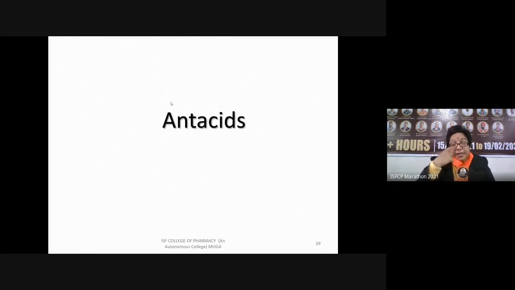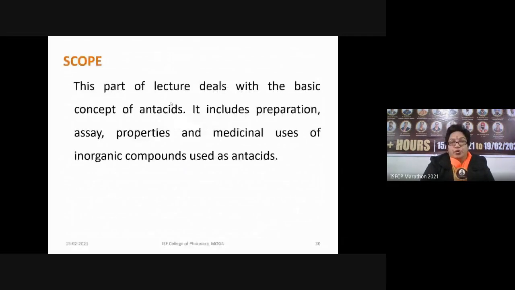If the amount of acid is either not produced in the stomach, or if it is not secreted in an adequate amount, that is one condition. Now there is another condition: if the acid is present in a large proportion, then what will you do?